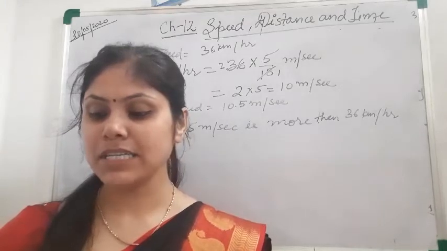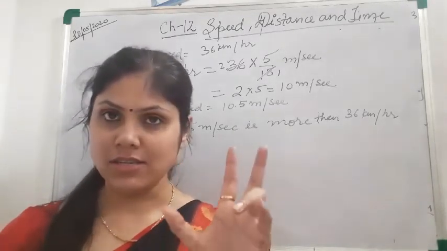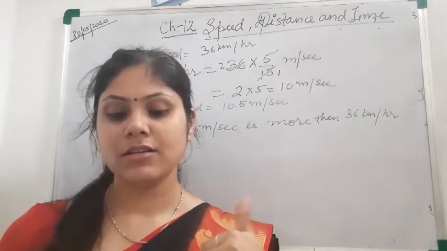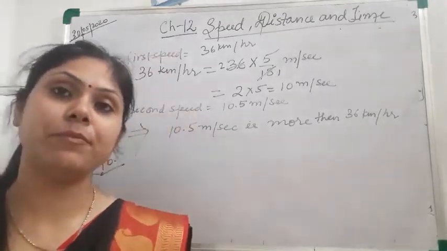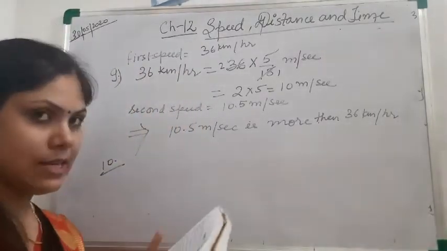At what speed must it travel to complete the journey in 5 hours? Means distance is same and time is now reduced. So what should be the speed now? So let us do the question. Once again I am telling you.